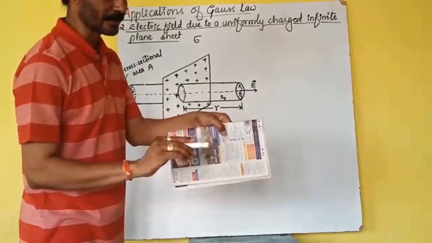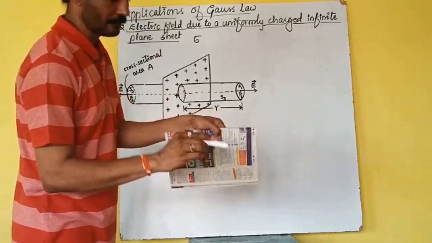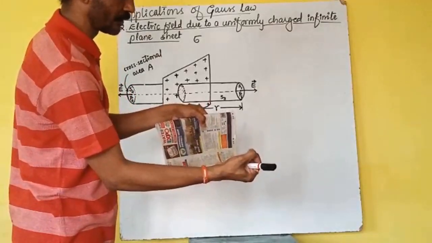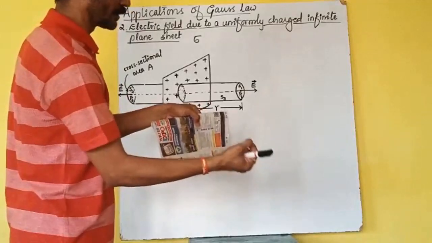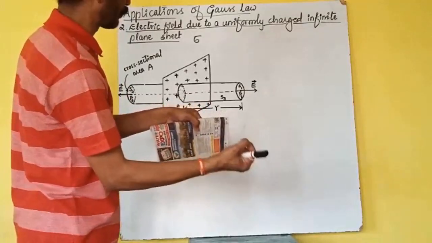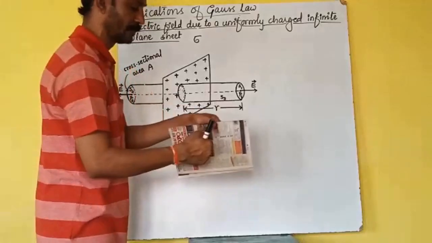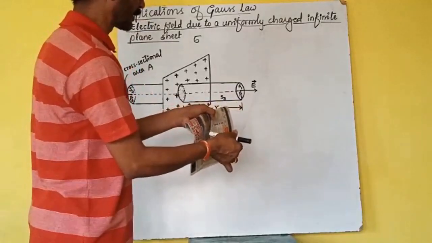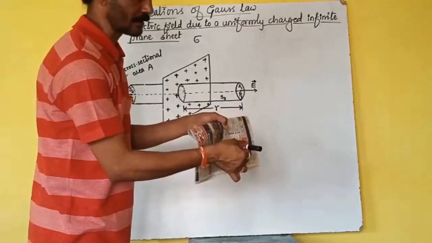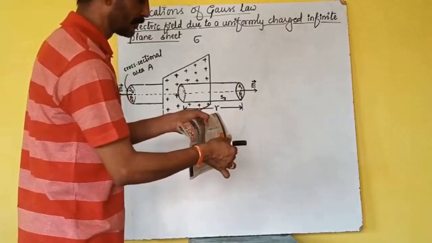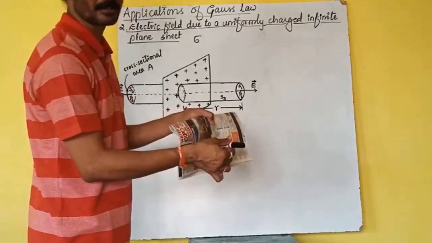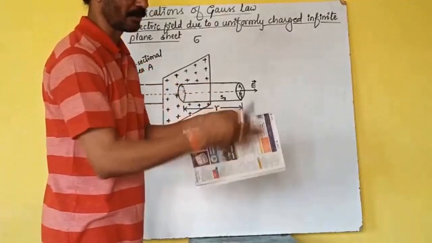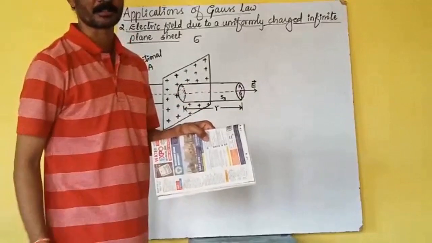To find the electric field at any point P from this plane sheet, here is point P, consider a cylindrical Gaussian surface such that the axis of the cylinder is perpendicular to the plane of the sheet.